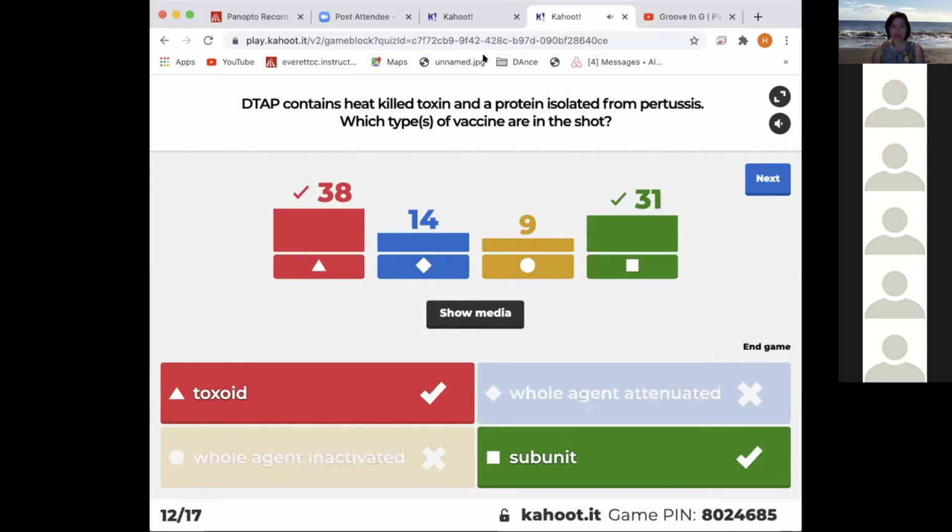So yes, this heat-killed toxin is called a toxoid, and this isolated protein is a subunit. It's not a whole agent, and it's not a whole agent. So it's not either one, attenuated or inactivated, which again isn't usually done for bacterial ones.